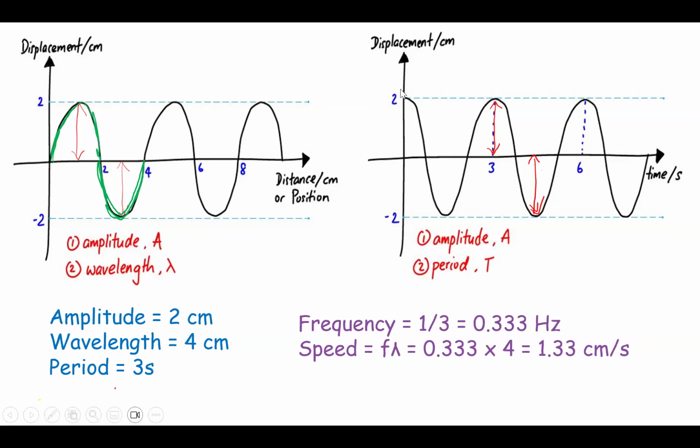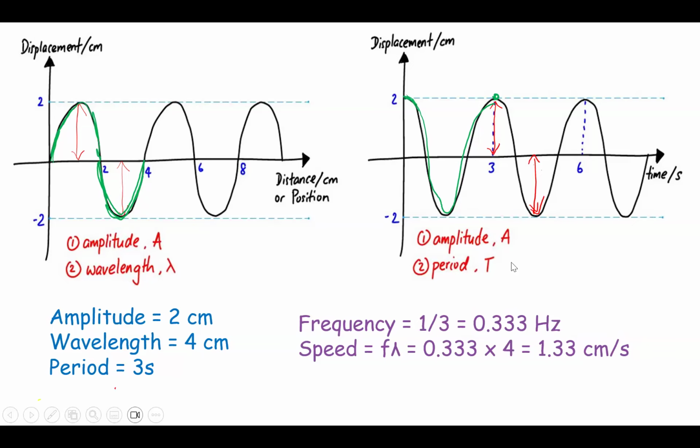If I start from the crest to the next crest, so crest to crest, go down, come up. Then I repeat, go down, come up. It's already labeled for you, it's 3, and looking at the axis unit, it is seconds, so it's 3 seconds for the period. Both amplitudes are the same, but on the displacement-distance graph, I get the wavelength.